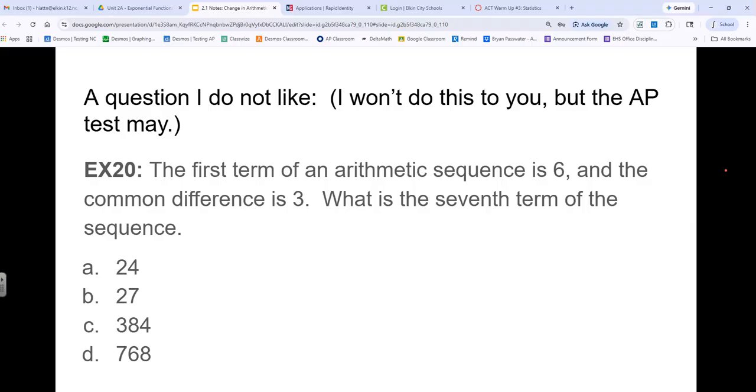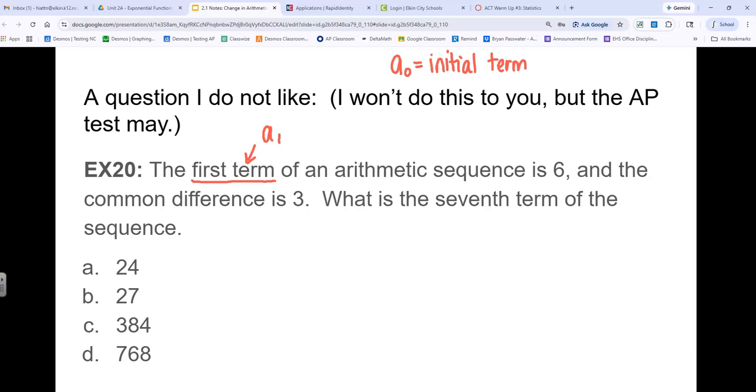The first term of an arithmetic sequence is 6, and the common difference is 3. What is the 7th term of the sequence? Sounds like a pretty simple problem, but what makes students miss this one so much is their interpretation of first term, right? First term is a sub 1. A sub 0 is called the initial term.